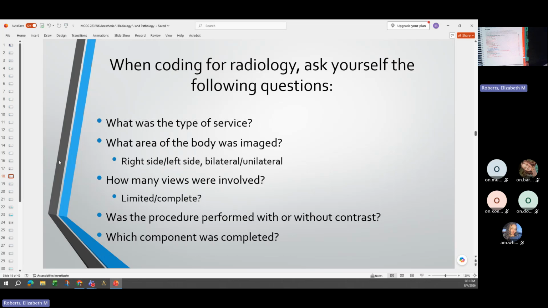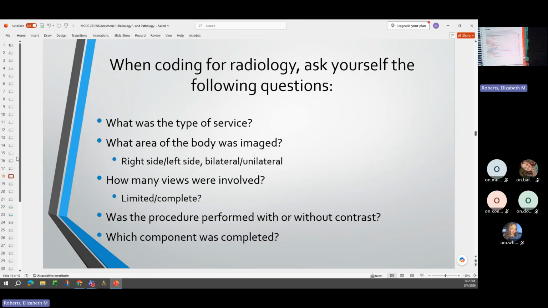As far as code selection is concerned, the first thing you want to identify is what is the type of service, right? Is it an X-ray, a CAT scan, an ultrasound, a mammography, PET scan, nuclear medicine? What is the type of radiology service? Next thing is what area of the body was imaged. We're taking pictures of the patient, right?